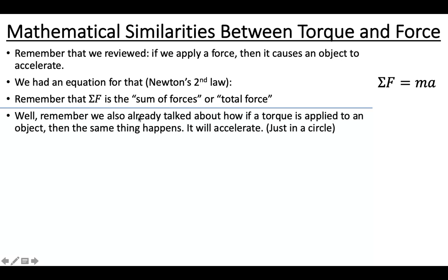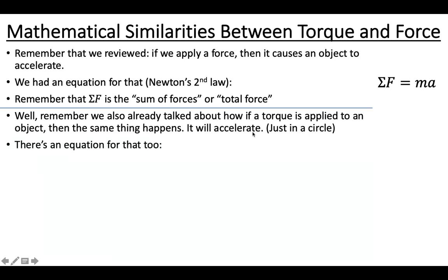Okay, but we also, two slides ago, talked about how if a torque is applied to an object, then the same thing happens. If you apply a torque, just like if you apply a force, because there's a force that goes with that torque, then the same thing happens. It's going to accelerate, except it's just going to accelerate in a circle now. That's the only thing that's different.